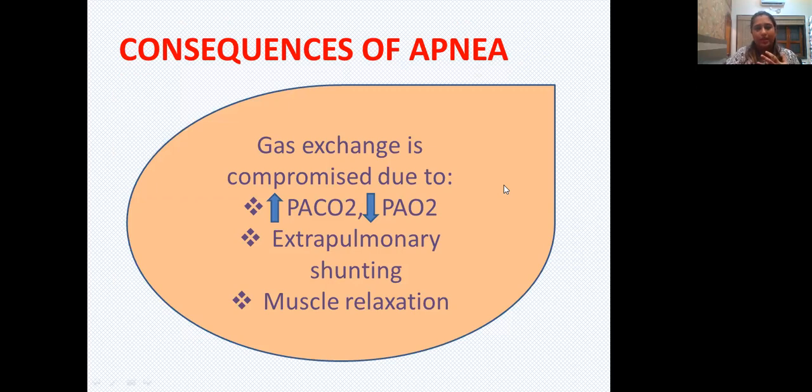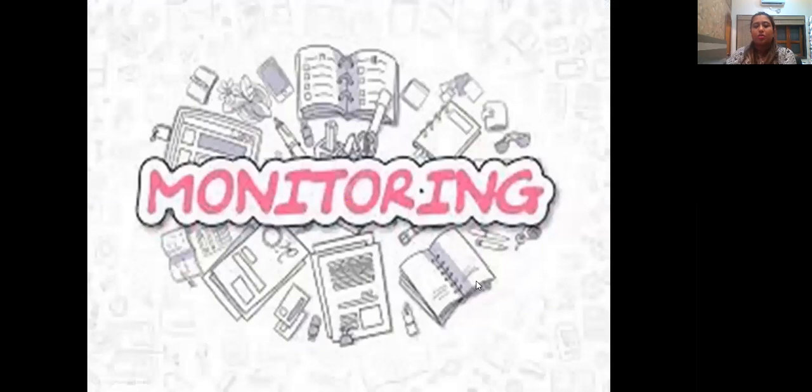The carbon dioxide is building up inside the body, as a result of which there will be increased PaCO2 or hypercarbia and decreased PaO2, that is hypoxemia. And with this increasing PaCO2 and apnea, there will be extrapulmonary shunting and muscle relaxation. So this was the pathogenesis of apnea we have discussed in detail.